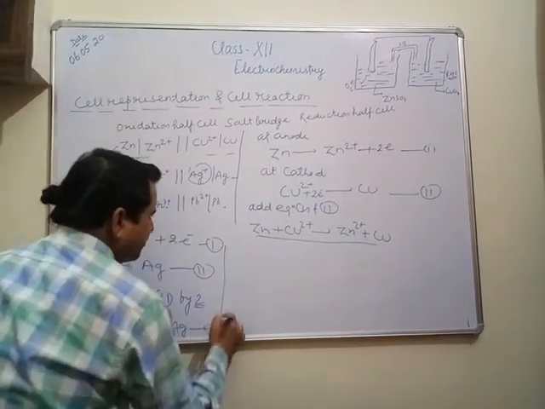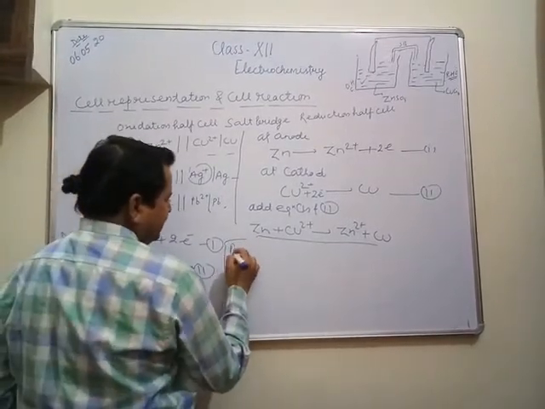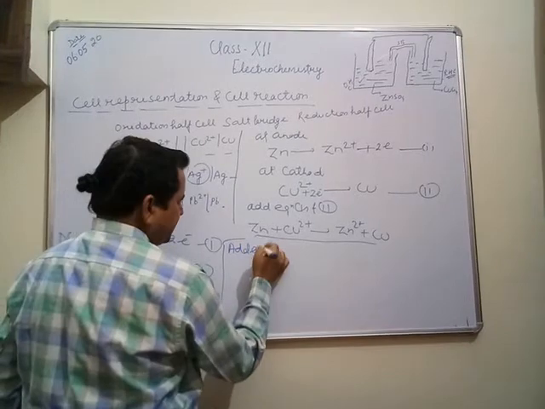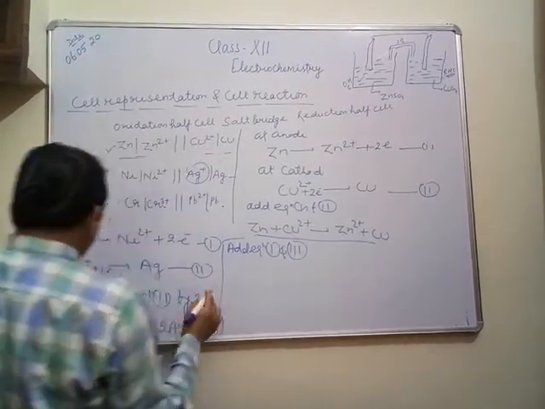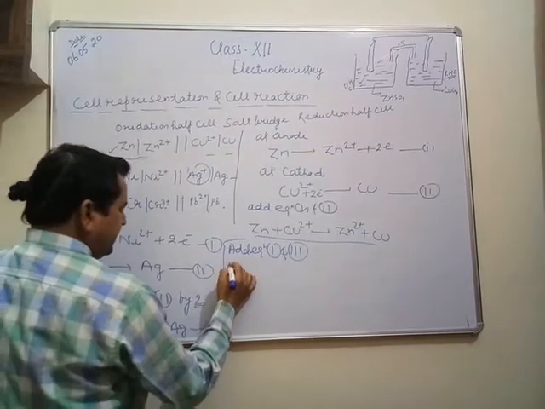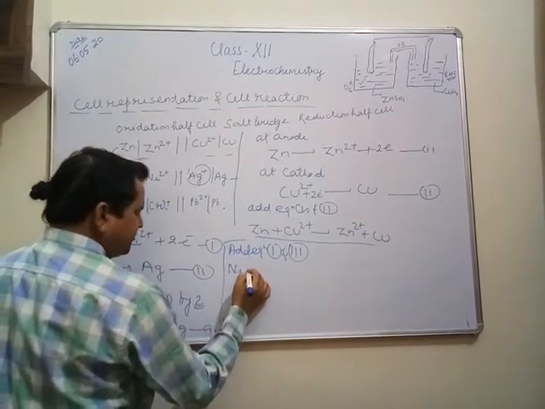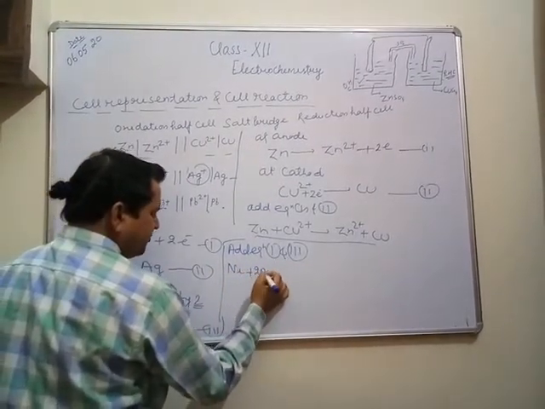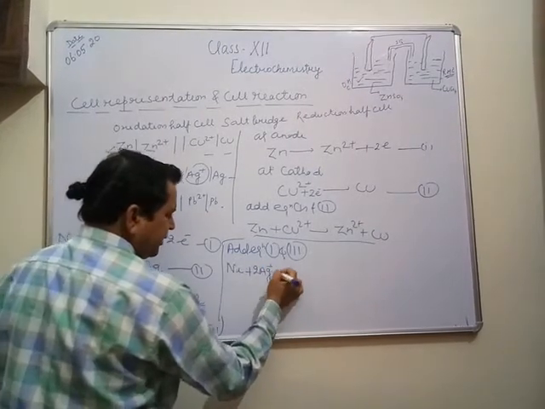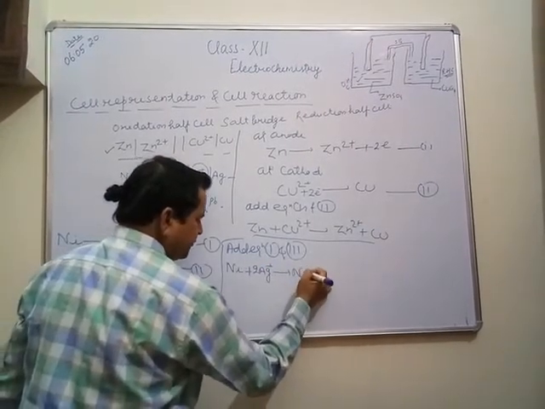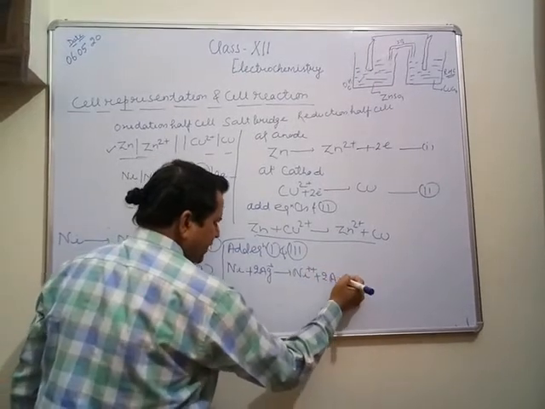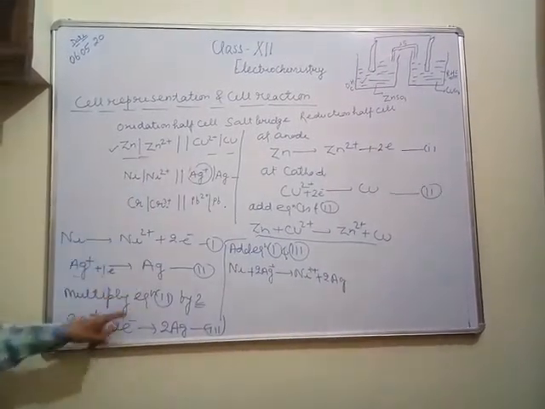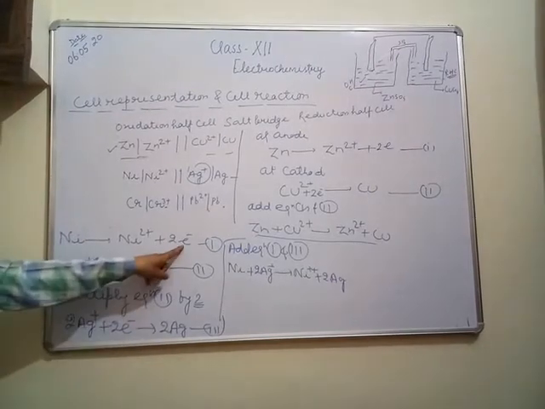Now you can add equation first and third. Then you will get Ni + 2Ag+ gives Ni2+ + 2Ag. And the 2 electrons cancel each other, 2 electrons were here and 2 electrons were there.